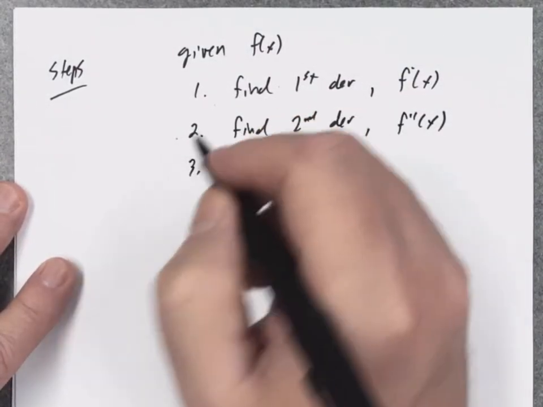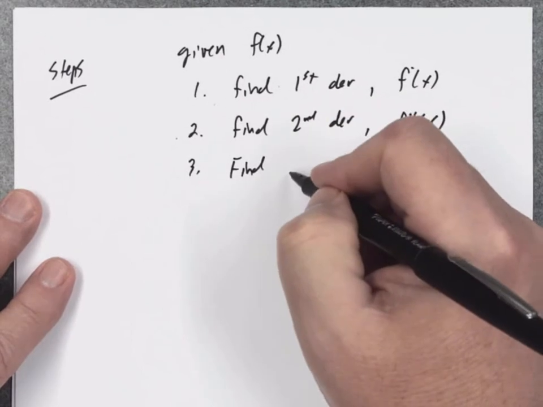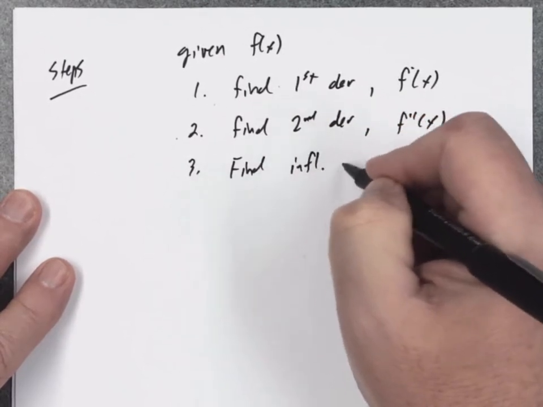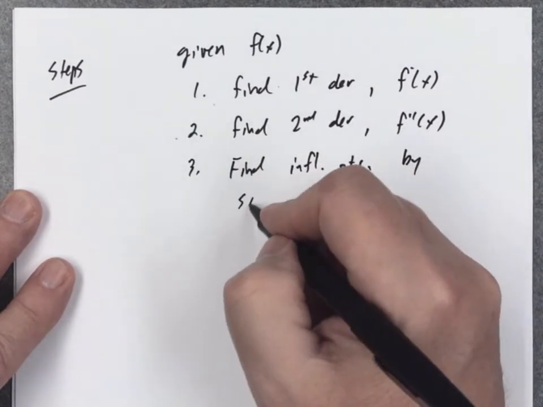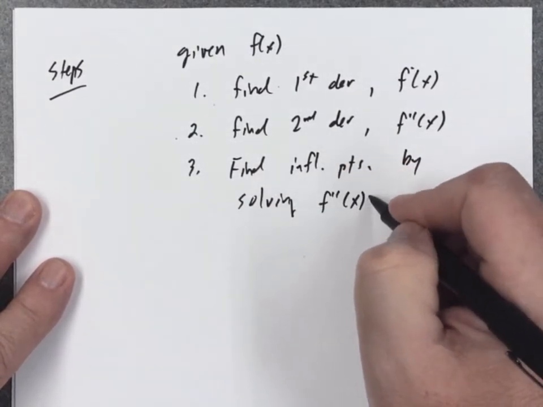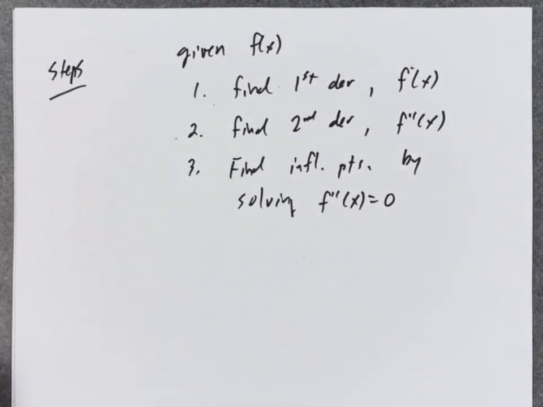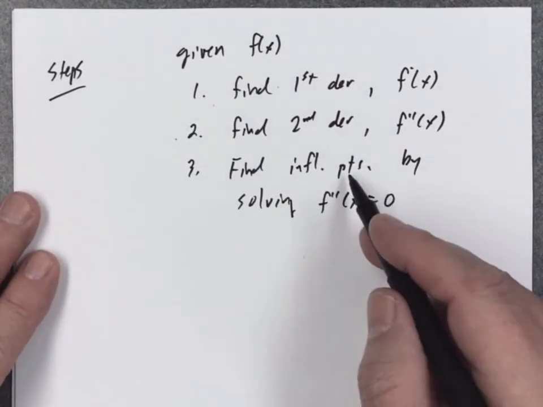And then once we have the second derivative, we find the inflection points by solving. We take that second derivative and we set it equal to 0. The solutions for this equation will be your inflection points.